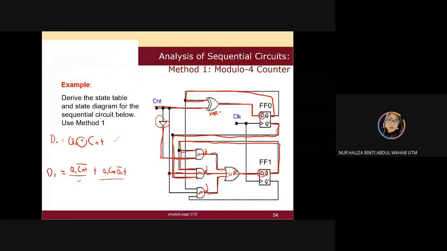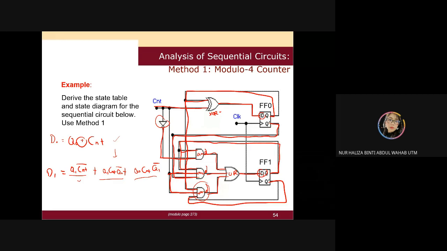I just want to share with you how I can get the excitation equation. Okay, done that part. Another one is my last AND here. First, I can see it's connected to my Q0, and then it's connected to my CNT. And lastly, my Q1 bar.